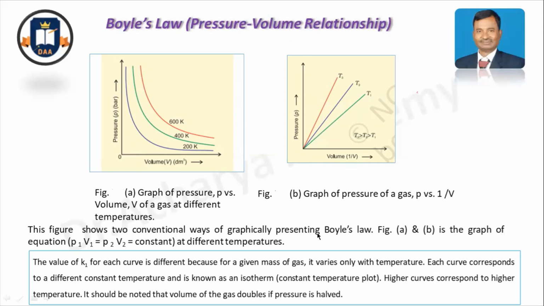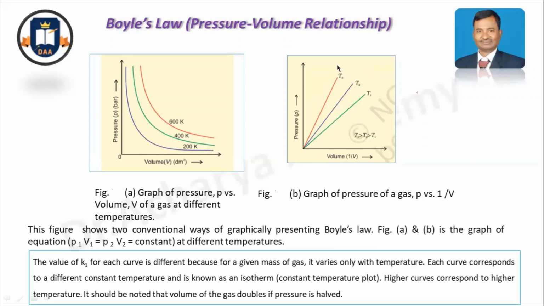It is mentioned that these are all called isotherms, because at a particular temperature you get each curve, on the right side and the left side.